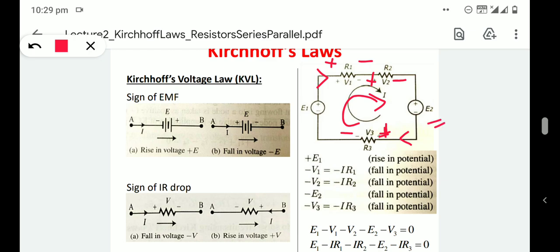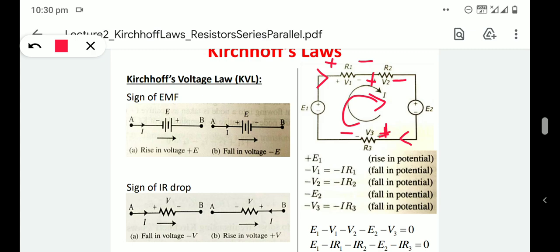For the voltage sources the plus and minus terminals are already marked, so no need to mark them. So the first procedure: mark the direction of current in the clockwise direction, then mark the plus and minus terminals for resistors, then apply Kirchhoff's voltage law.